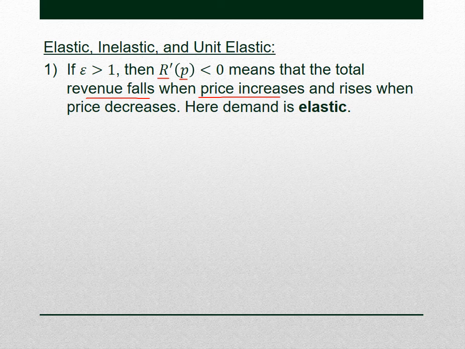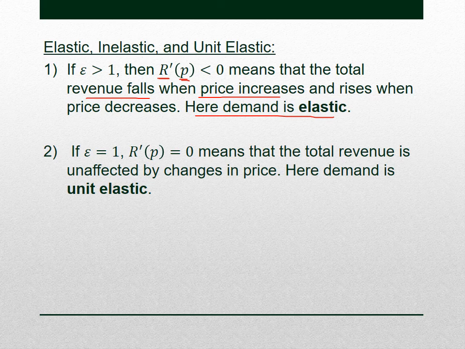And when the price decreases, the revenue is going to rise, right? So the revenue is going to do the opposite of what the price does. And here we say that that is an elastic demand, right? We're talking about elasticity of demand. So here this is elastic demand whenever the epsilon is greater than 1.